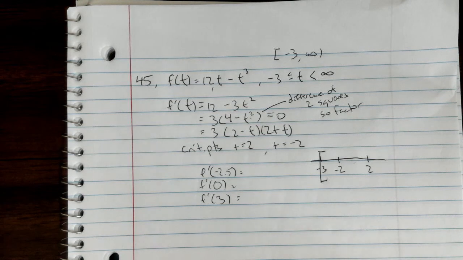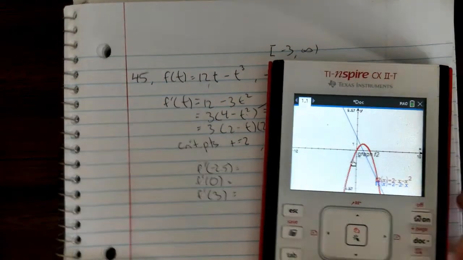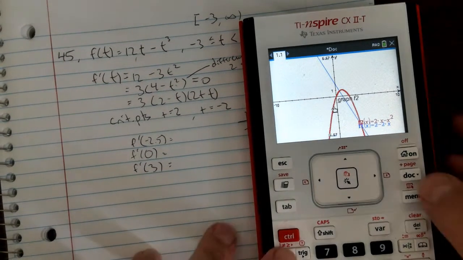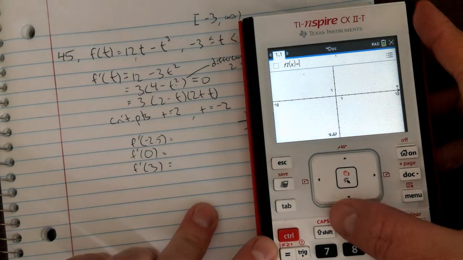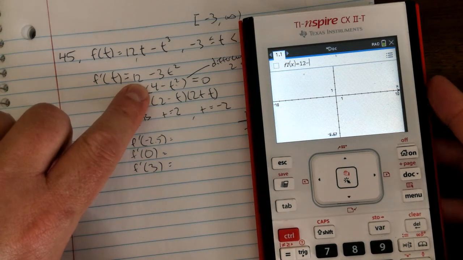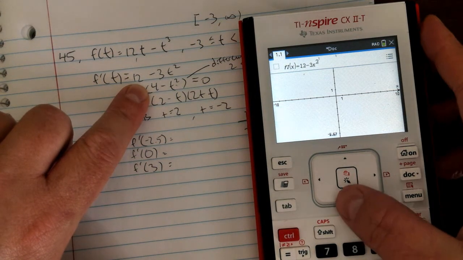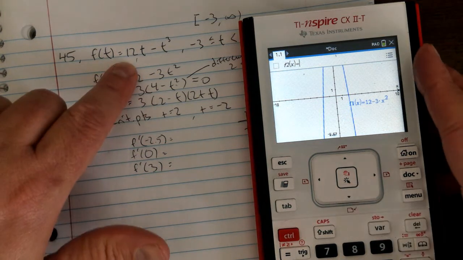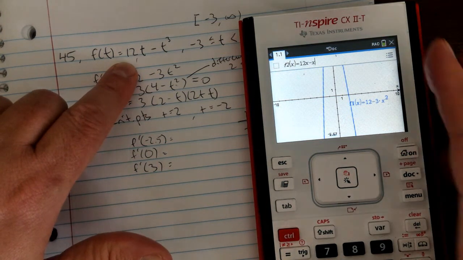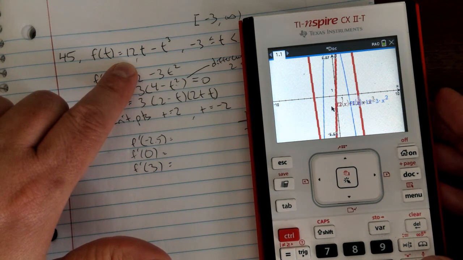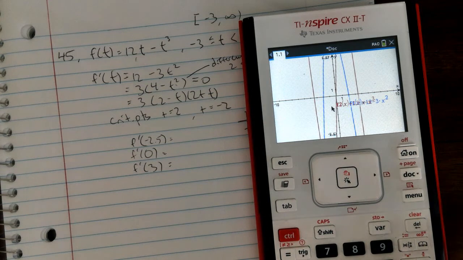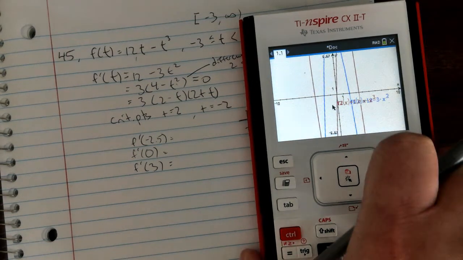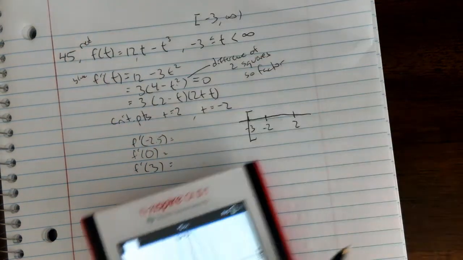So now I'm at the step where I graph it. So I do my 12 minus 3x squared and my 12x minus x to the third. So again, just like before, my red one is my original and my blue is my derivative.